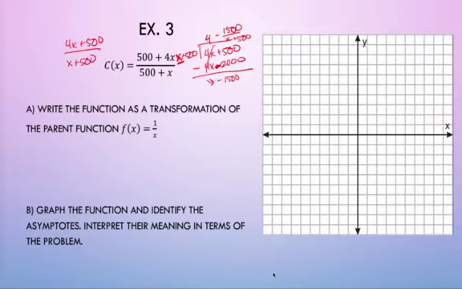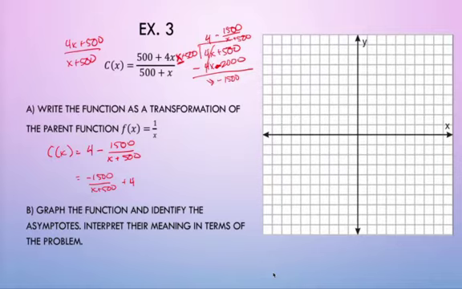So we're going to get the function c of x is equal to 4 minus 1,500 over x plus 500. Or again, to write this in a more standard way, negative 1500 over x plus 500 plus 4.